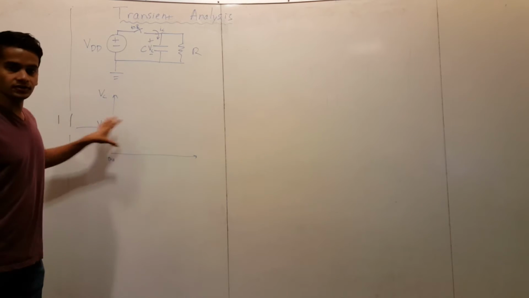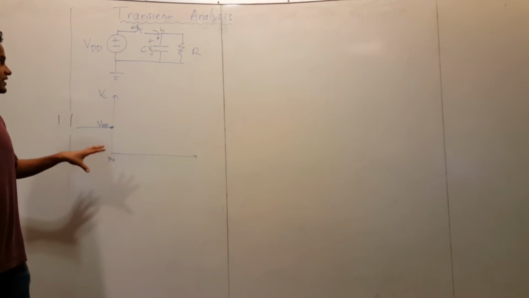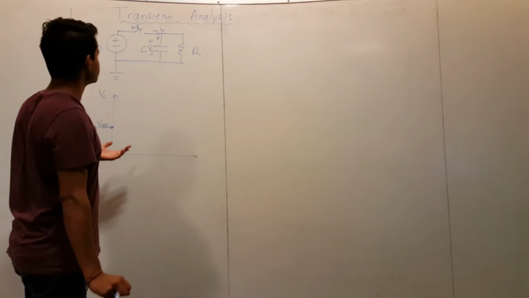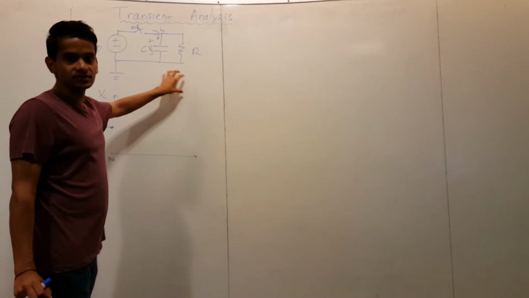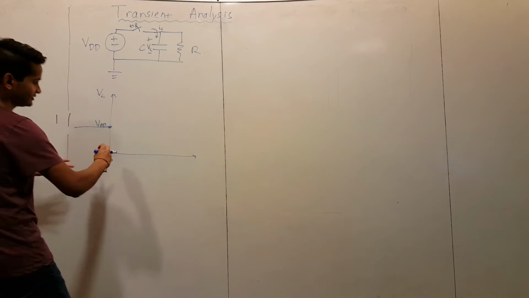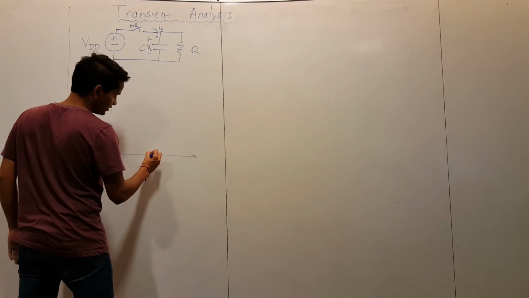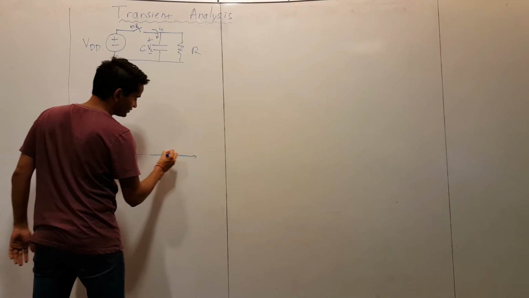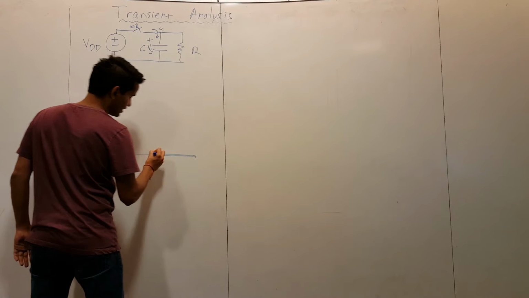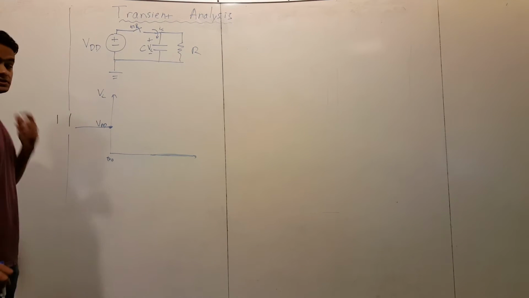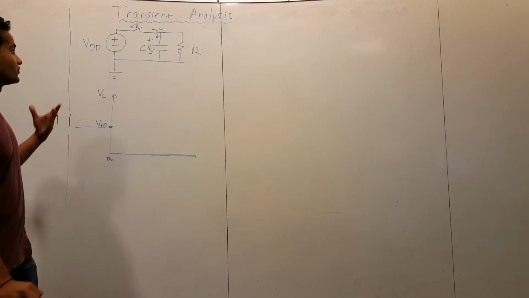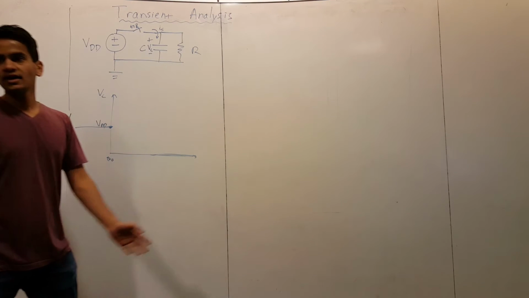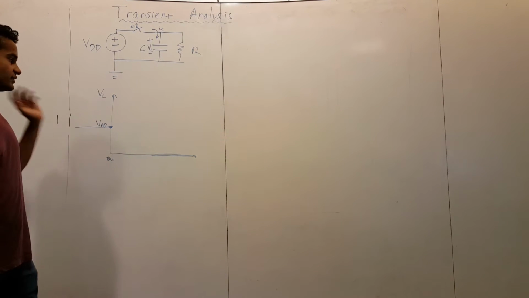Something happens in the middle, and we're going to figure out what that something is. After the switch is flipped, we're just left with the resistor and capacitor. Therefore, at some large time, it'll settle down to its final value of V equals 0. The capacitor should fully discharge through the resistor, and we're left with a discharged capacitor.